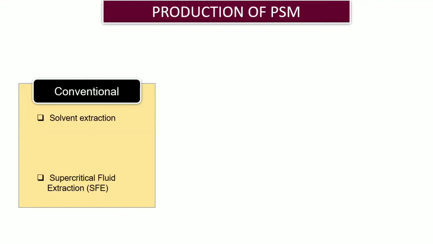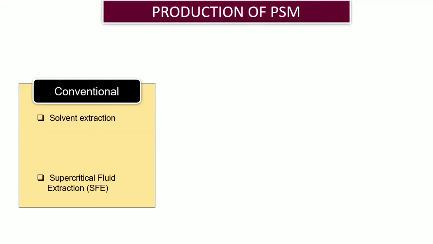For solvent extraction, various solvents can be used, such as water, alcohol, acetone, chloroform, and ether. The selection of solvent for this extraction determines the biologically active phytochemicals obtained from plants.